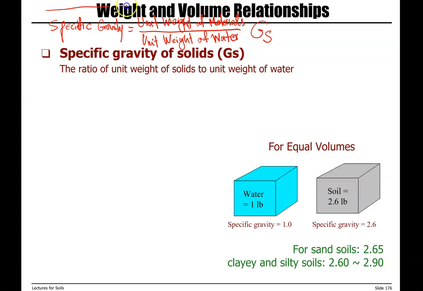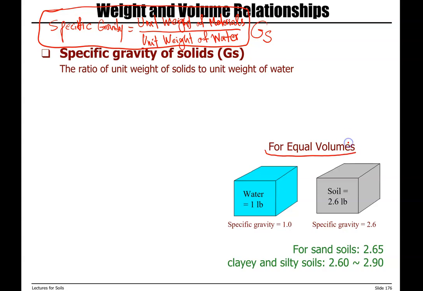This is the general definition for specific gravity. For the specific gravity of cement or aggregate, you calculate unit weight of cement or aggregate and divide it by unit weight of water. It gives us an idea to compare the weight of a material to the weight of water.